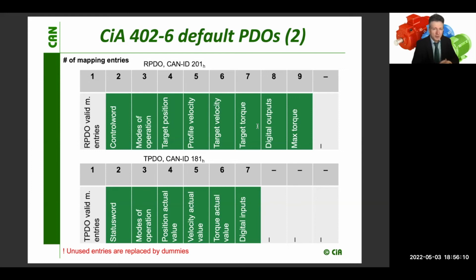If I don't use those, I could put some kind of dummy objects that are also specified for the size of these dummy objects, to just block this data in there and say that it is either transmitted or received without certain data that are not supported. That is good to know.